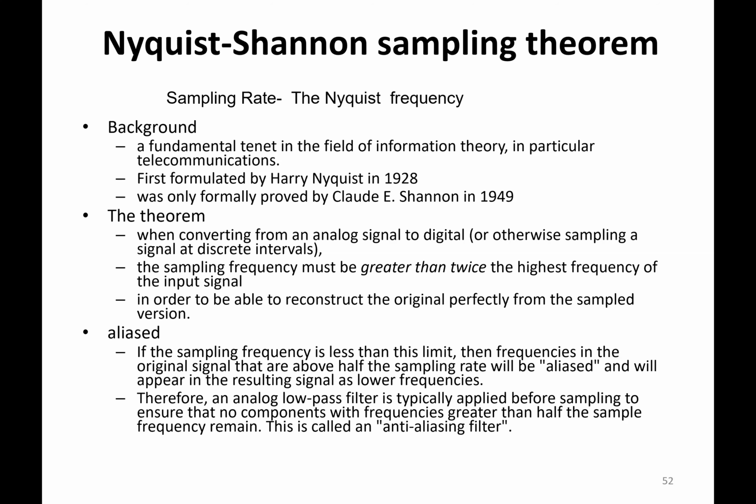Aliasing: if the sampling frequency is less than at least twice the frequency of the wave, then the frequencies in the original signal that are above half the sampling rate will be aliased. Aliased means they would appear in the resulting signal at lower frequencies. You would see some frequencies at lower frequencies, and it makes it very difficult to interpret the data.